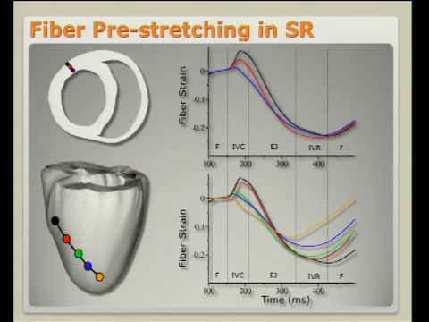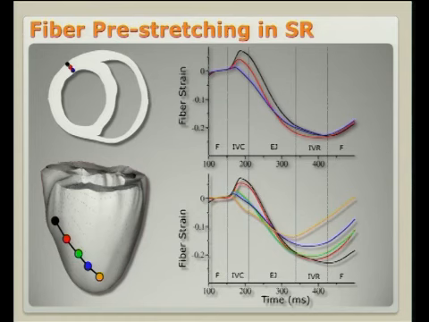This is a phenomenon of pre-stretch, which has been proposed previously, and it consists in the fact that when the heart begins to contract in sinus rhythm, the contraction of this region, which is activated early, passively stretches the fibers that are located in the more remote regions, and therefore we have this pre-stretch.